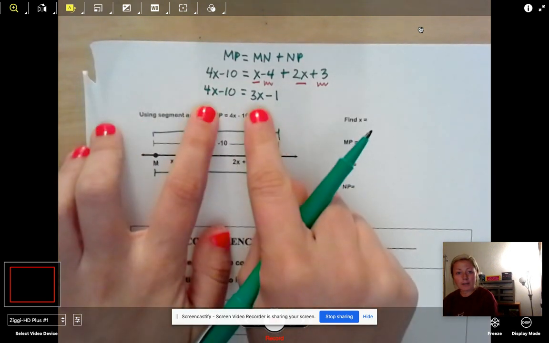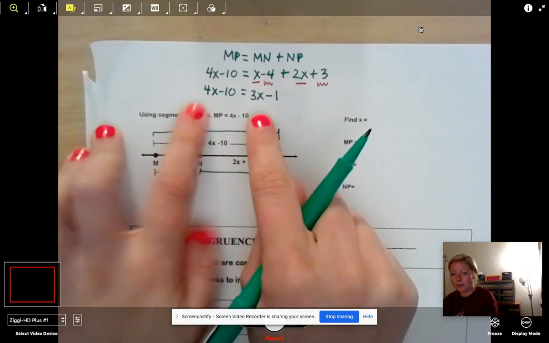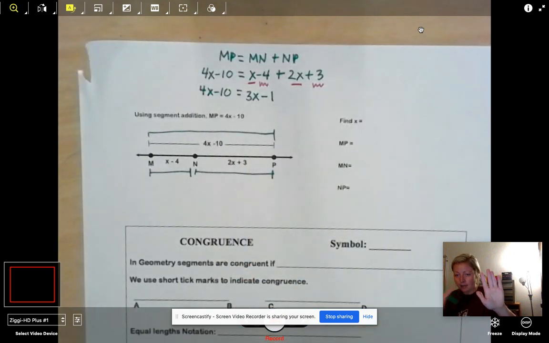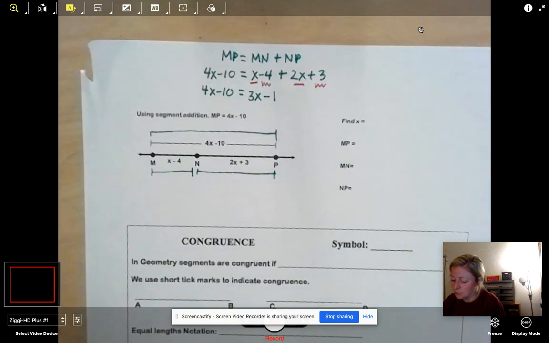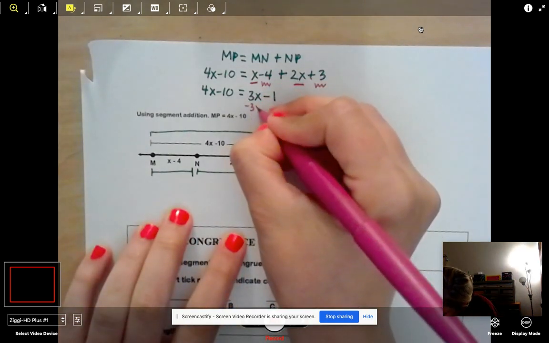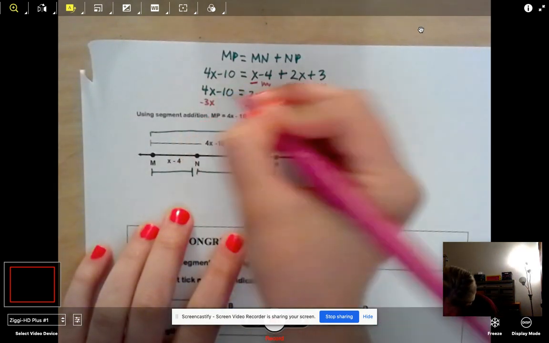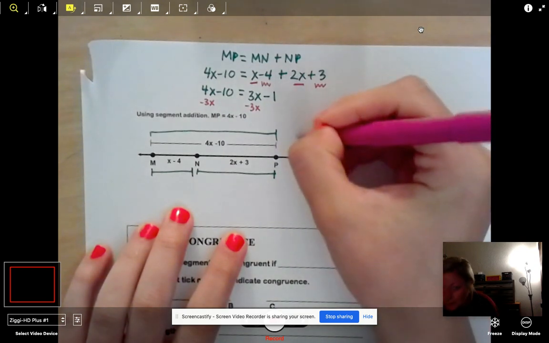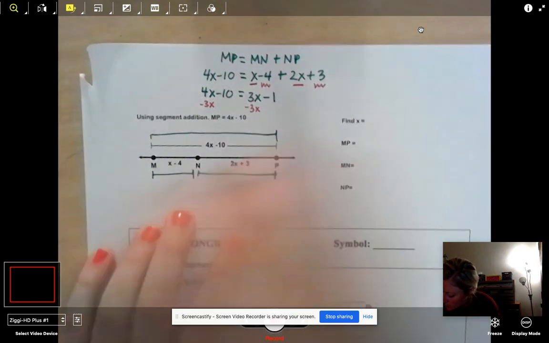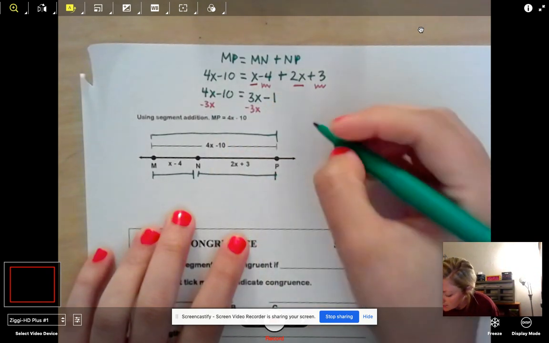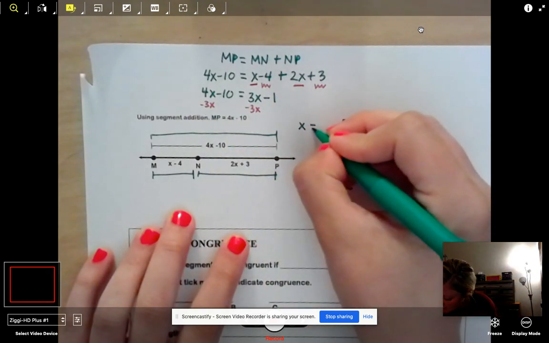So now we have variables on both sides of our equation. So I want to get my variables to one side and the numbers to the other to solve. So I'm first going to subtract over my 3x minus 3x. So 4x minus 3x is just x.